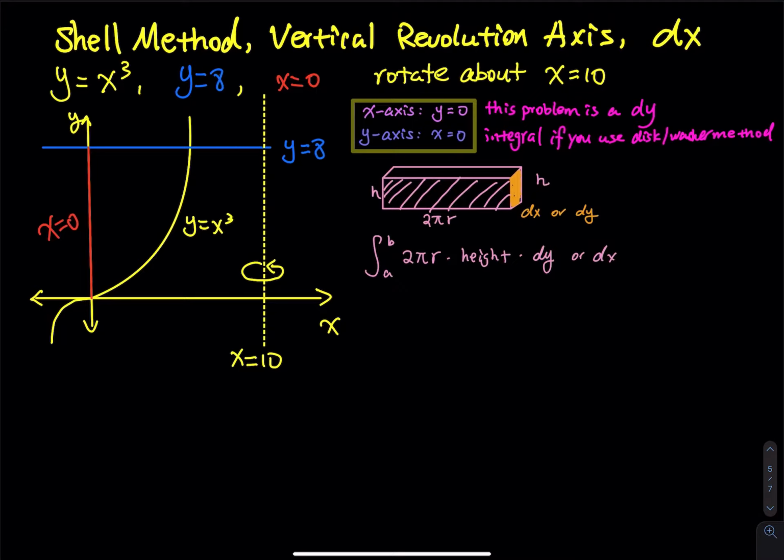Let's just look at the two-dimensional rectangle. The 2 pi r is the base, the h is the height, so 2 pi r times height gives you one two-dimensional rectangle. And then when you consider the dx or dy, you consider the thickness. Once you consider the thickness, the 2D rectangle becomes a 3D shell. So that's how we got the shell method.